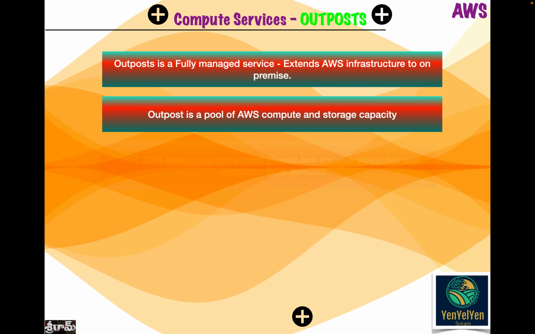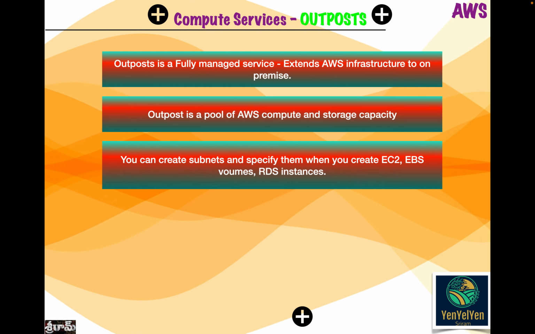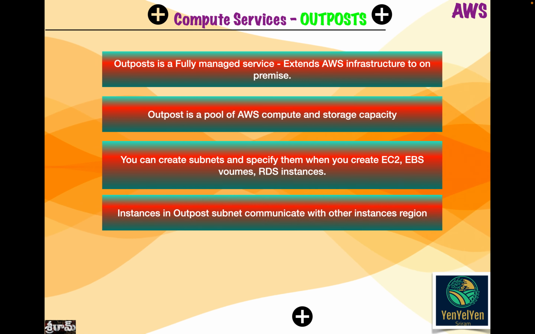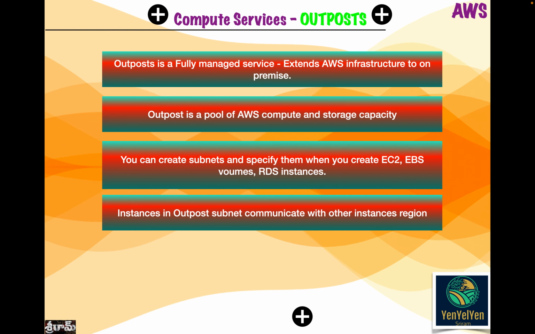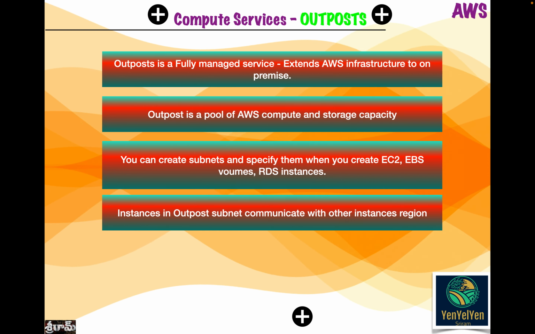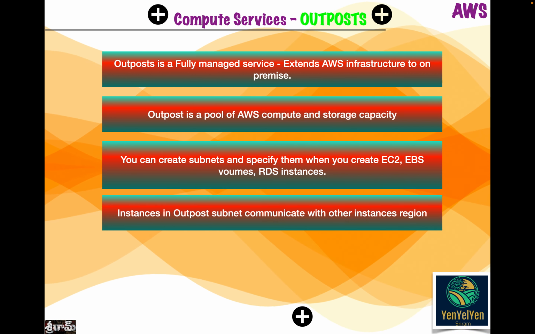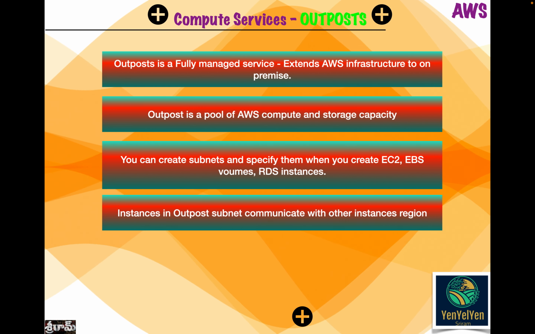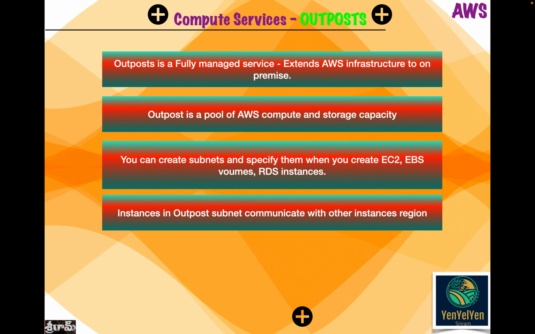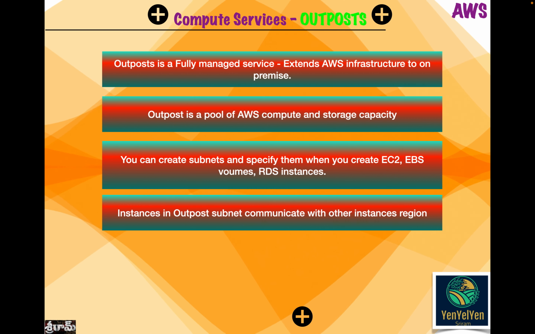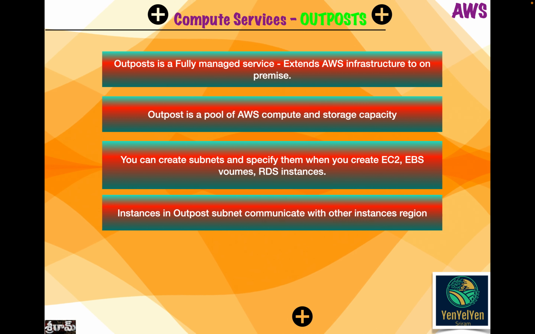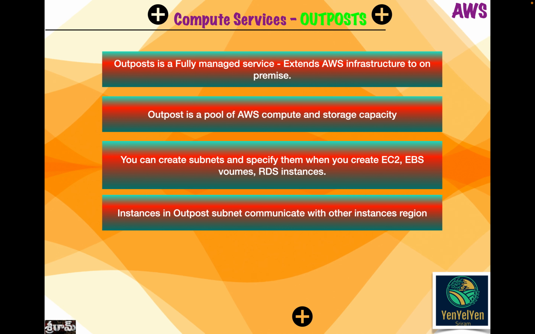By providing local access to AWS managed infrastructure, AWS Outpost enables customers to build and run applications on-premises using the same programming interfaces as in AWS regions, while using local compute and storage resources for lower latency and local data processing needs. An Outpost is a pool of AWS compute and storage capacity deployed at a customer site.